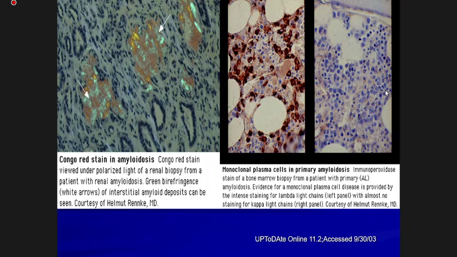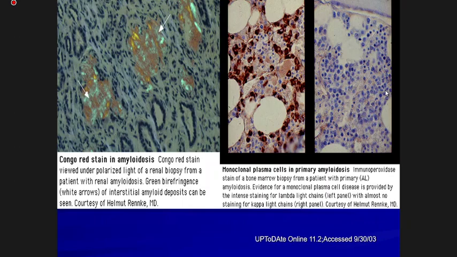When you apply this immunostain that can only stain a certain type of light chain, you can see on the third panel the staining is only of lambda light chains, with almost no staining for kappa light chains.